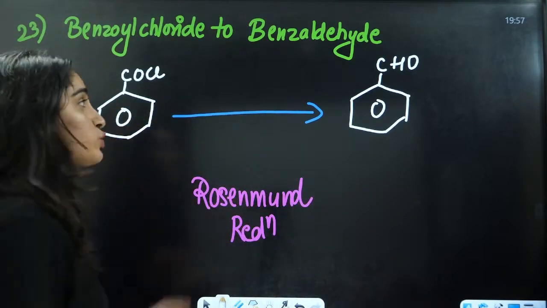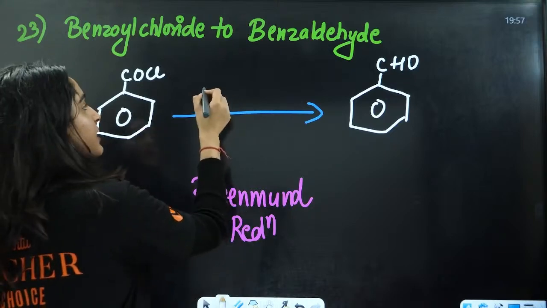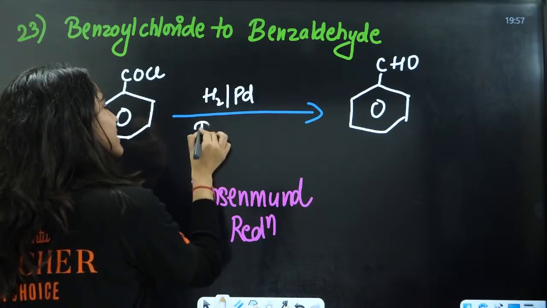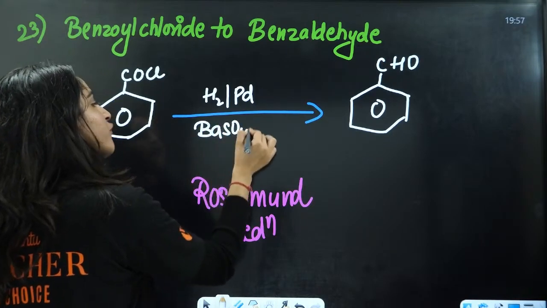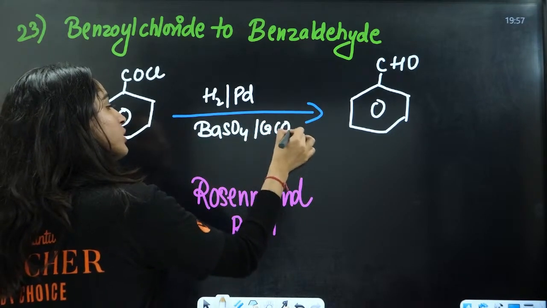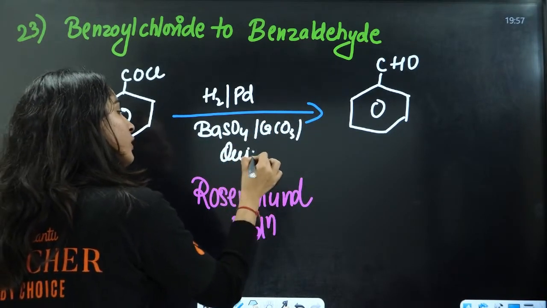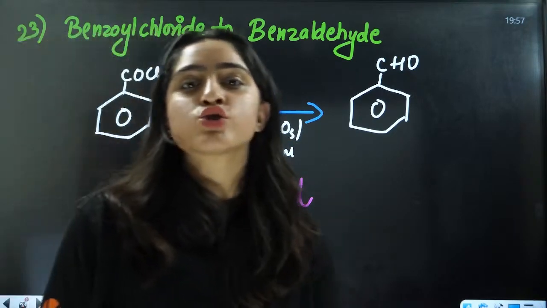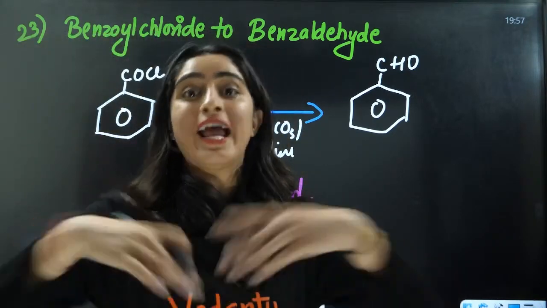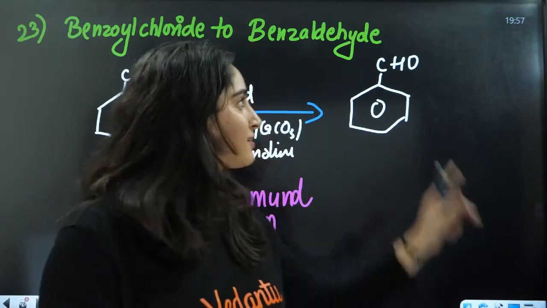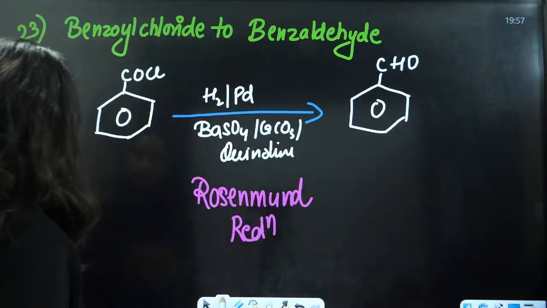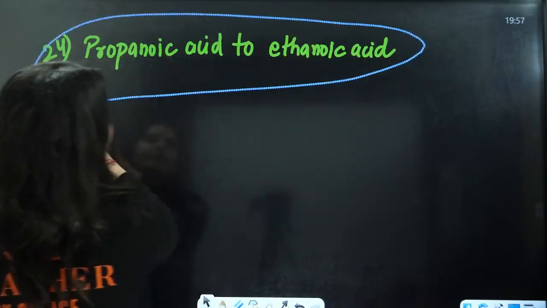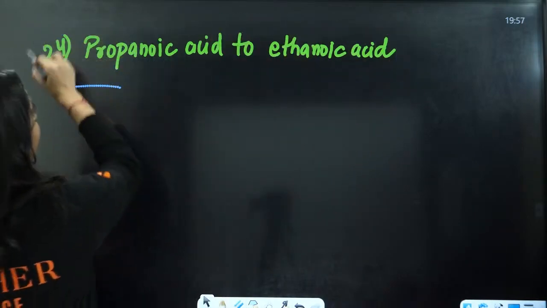The reagents are H2 with a catalyst poisoned by BaSO4 or CaCO3 or quinoline, to stop the reaction at this stage only, because this reaction is very fast. This is acting as a poison here.